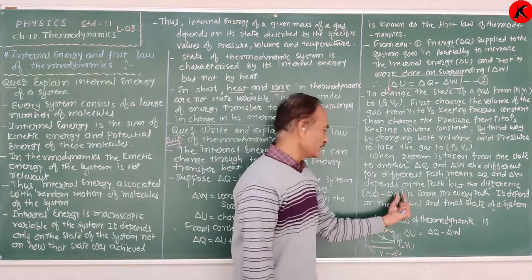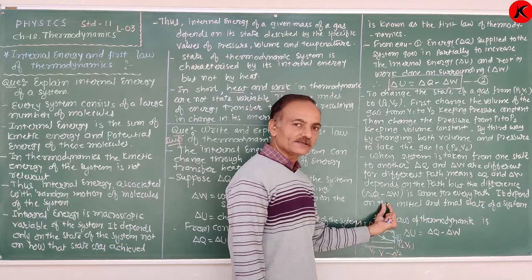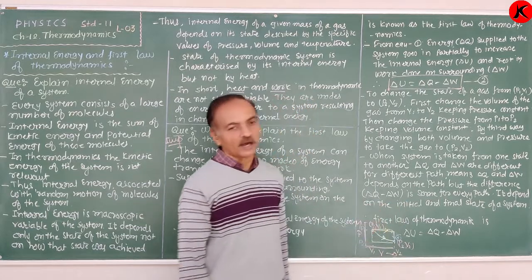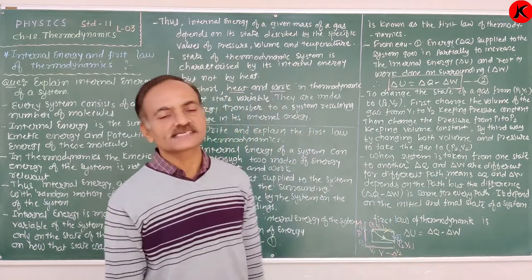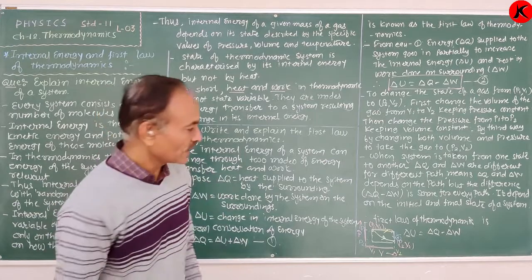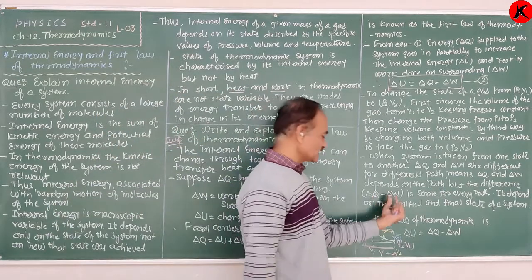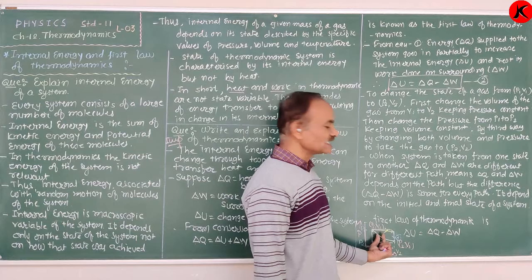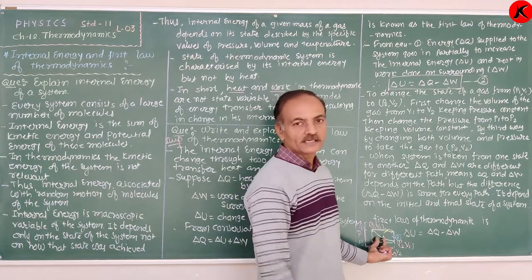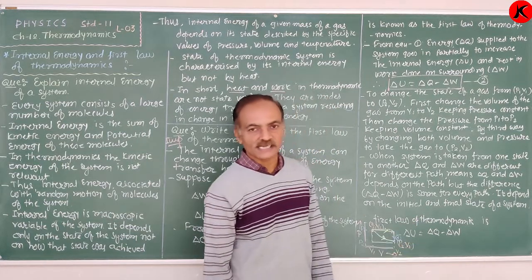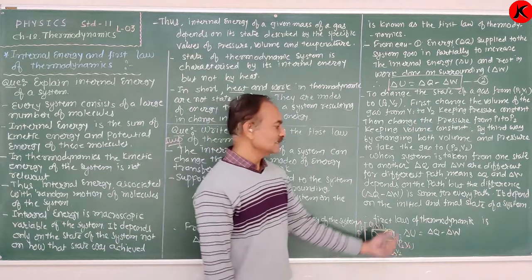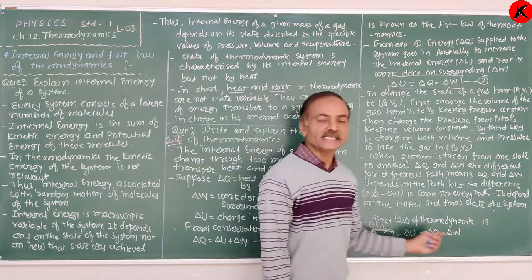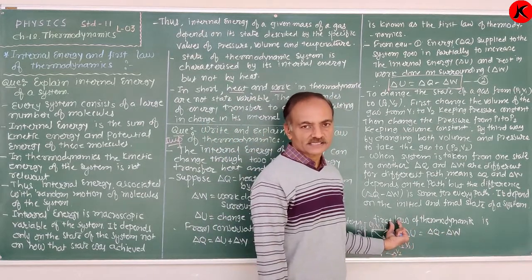Delta Q minus delta W depends only on the initial and final state of the system. Again, delta Q minus delta W is the same for all these paths, but it depends on the initial and final state of the system. That means it is the change in internal energy of the system.